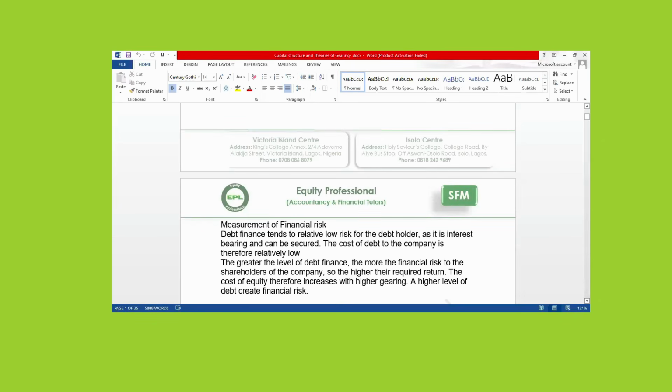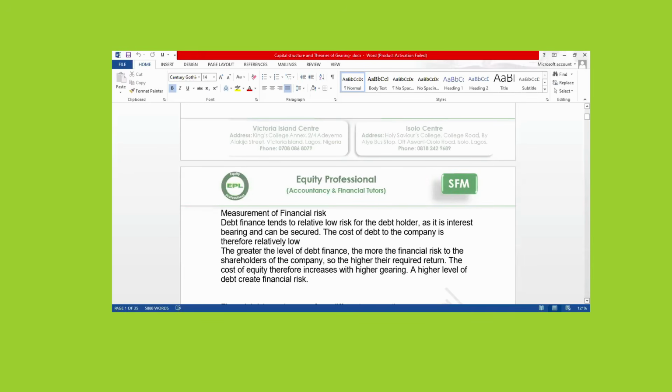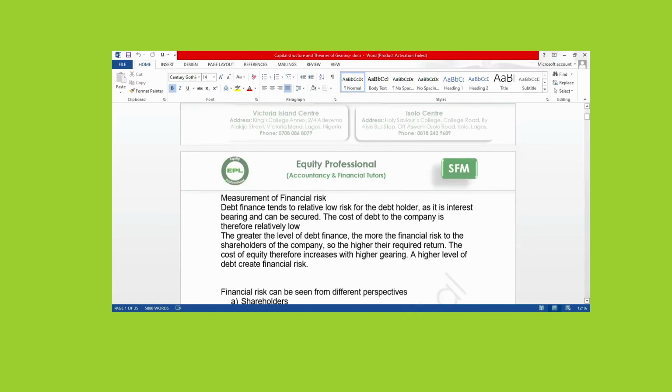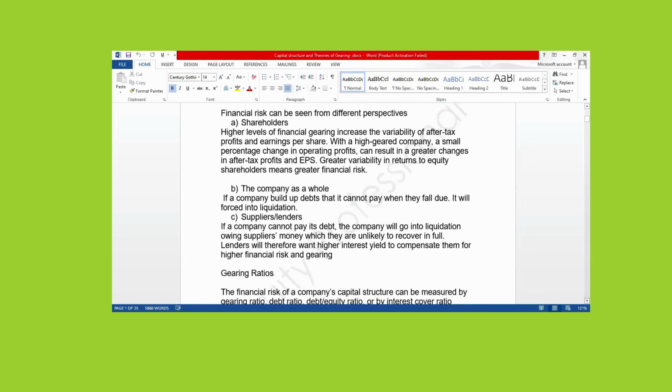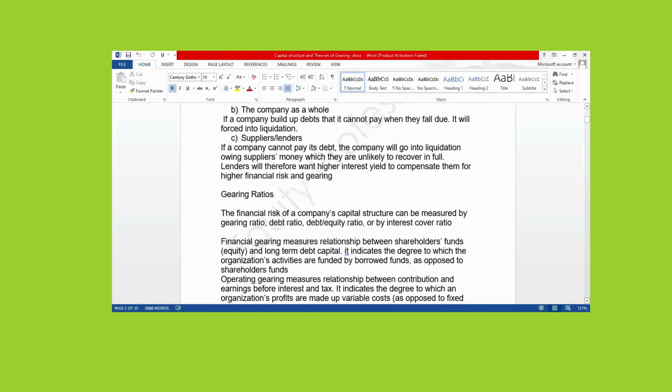And we explained that financial gearing is used to measure financial risk. We equally explained how to calculate financial gearing. We discussed operating gearing. Operating gearing is used to measure your level of business risk.